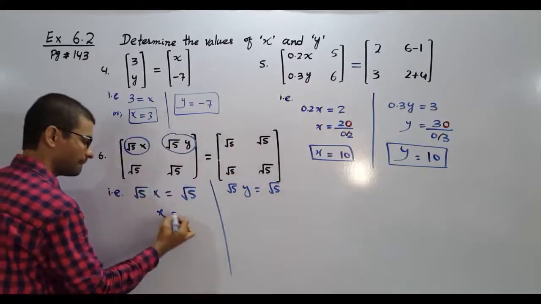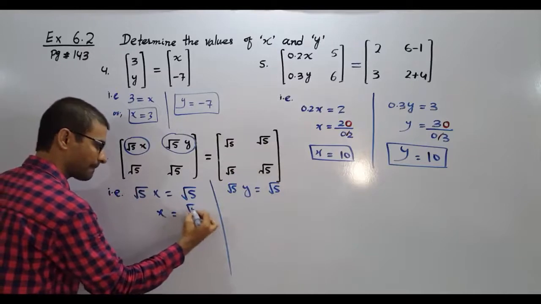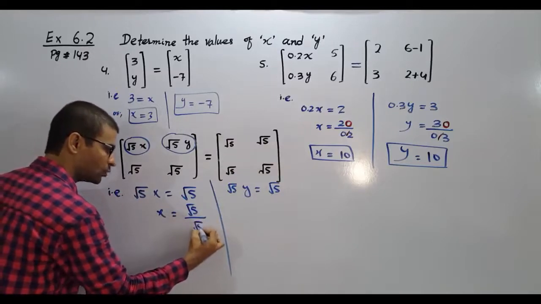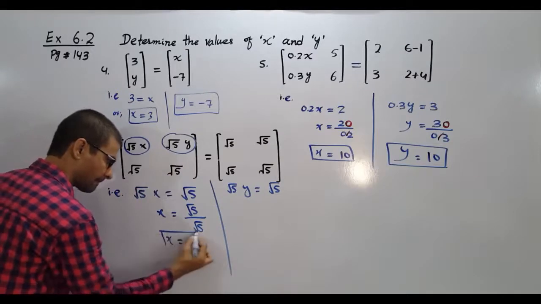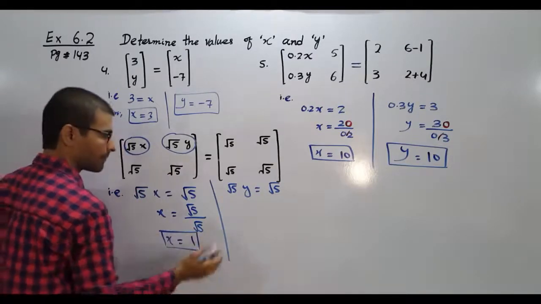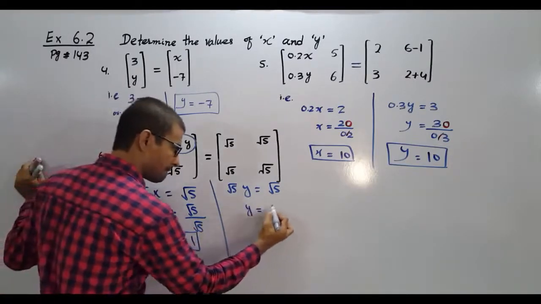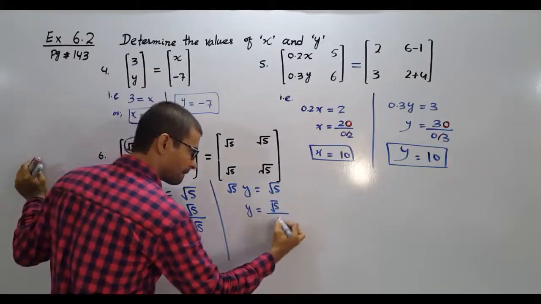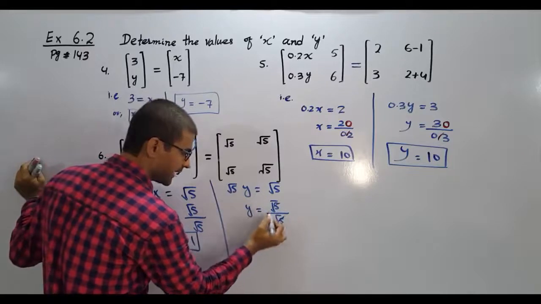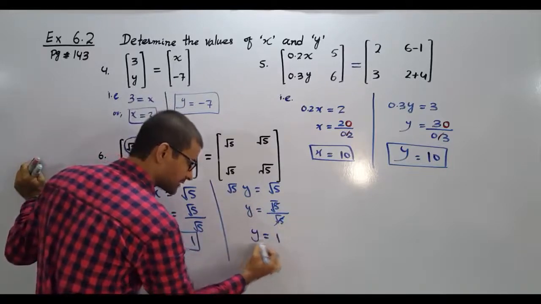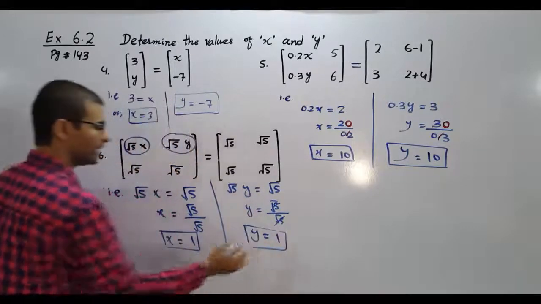Now simplify: root 5 over root 5, which is 1. Root 5 is multiplying, so it will be divided in the next step, so y is equal to 1. These are the two values.